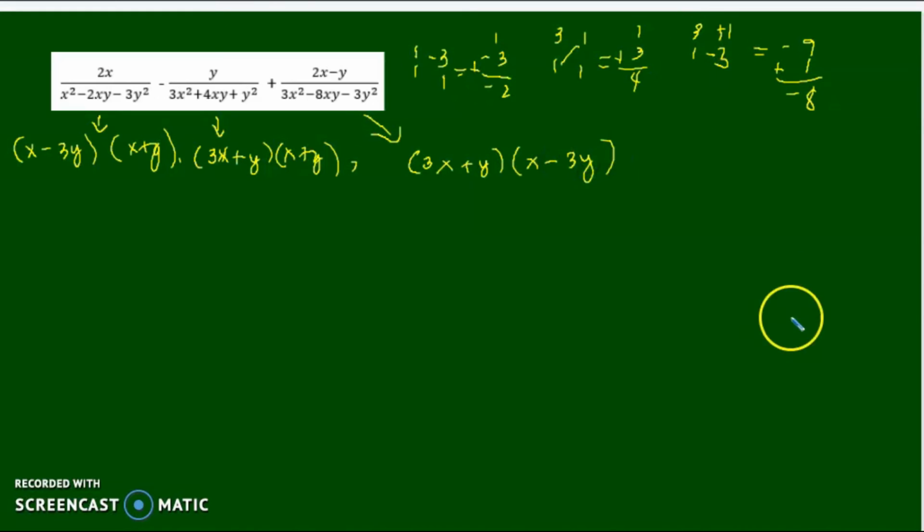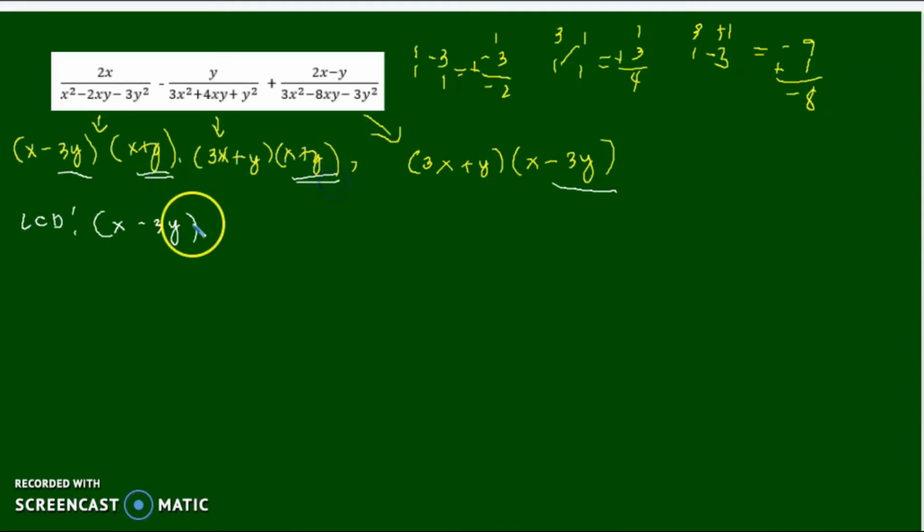Now, what is the LCD? The least common denominator. Okay, let's check. So x minus 3y is taken as 1. And then x plus y appears twice, so it will be taken as 1. Then we have 3x plus y, which will be taken as 1 also.